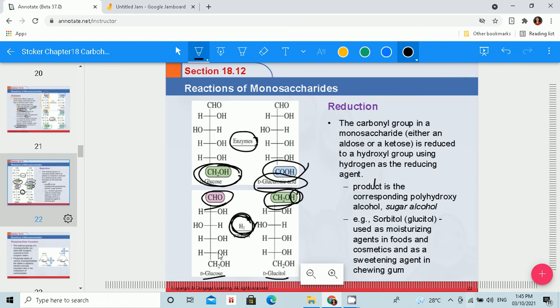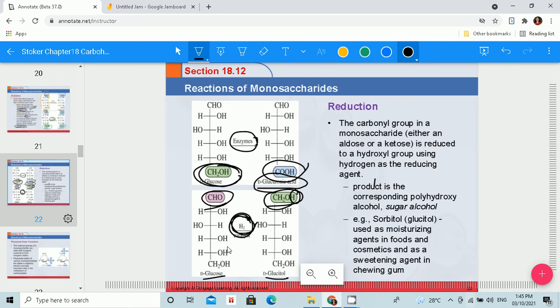Glucitol, or sorbitol, is used as a moisturizing agent in foods and cosmetics and as a sweetening agent in chewing gum. So the sugar in your chewing gum is glucitol. It has an alcohol also. The glucose has an alcohol, glucitol. So that is our reduction.